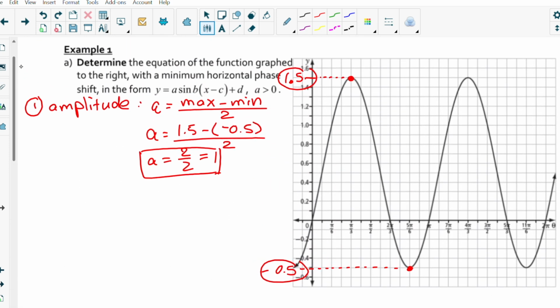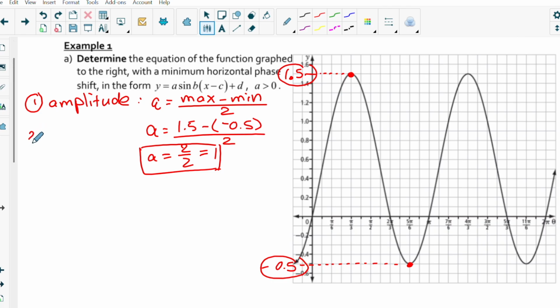Number 2. Let's calculate the D value, or let's think about our sinusoidal axis. That's exactly at the halfway point.